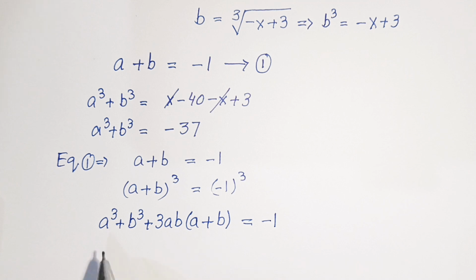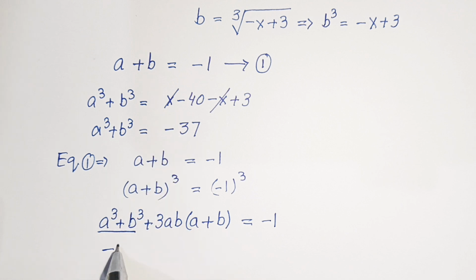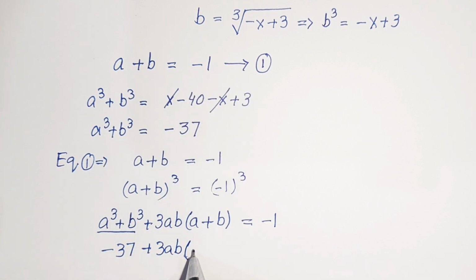We know a cubed plus b cubed is minus 37, and a plus b is minus 1 according to equation 1, so we put these values here.